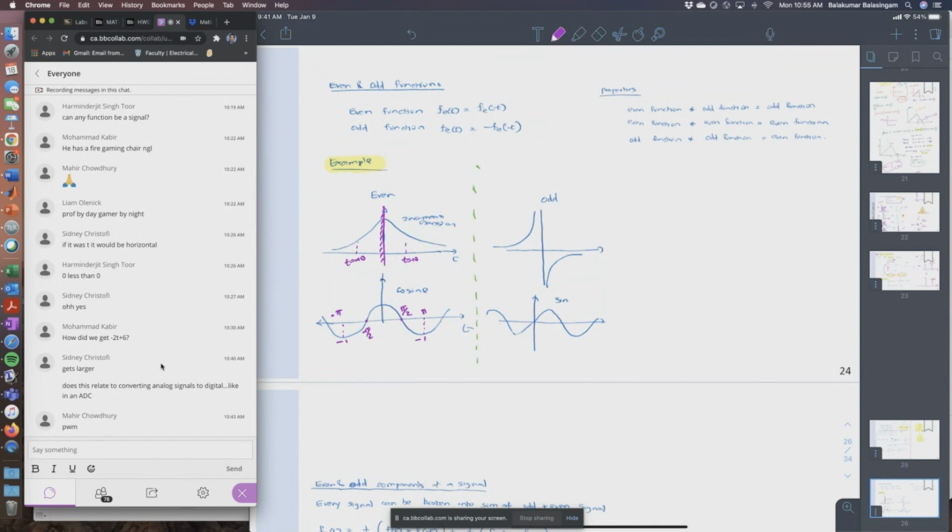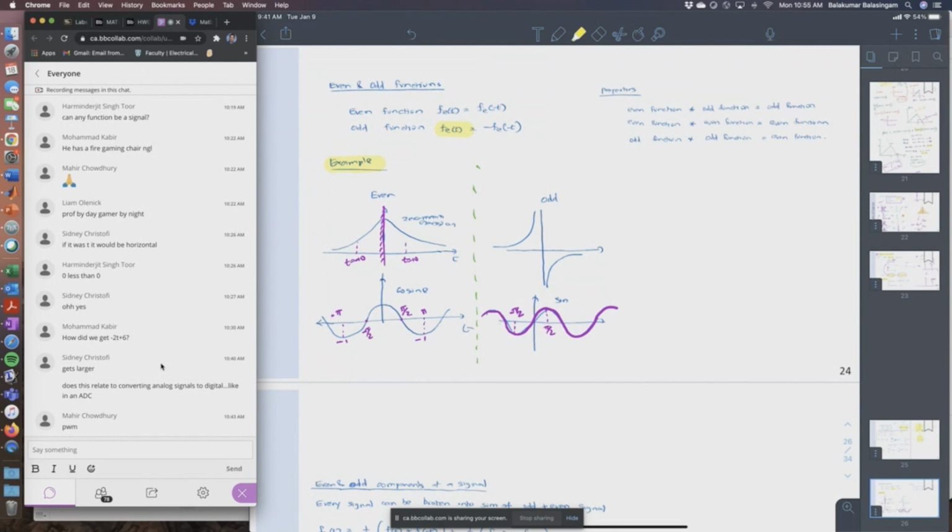So what is a good example of an odd function? Sine. If you look at sine, sine of pi by 2 is 1, but sine of negative pi by 2 is negative 1. So that is the definition of an odd function.